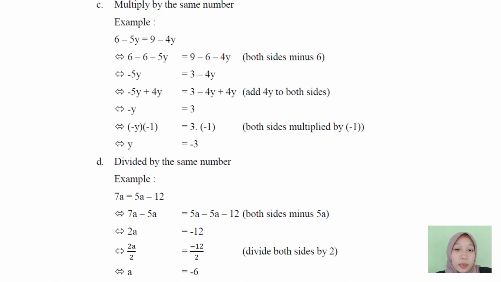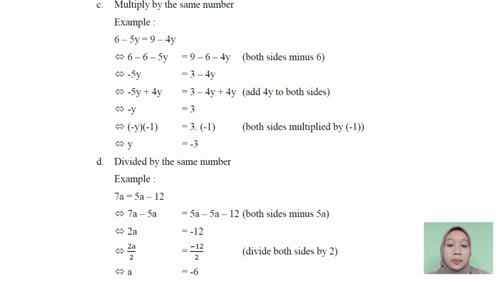It becomes minus y multiplied by minus 1 equals 3 multiplied by minus 1, becomes y equals 3.